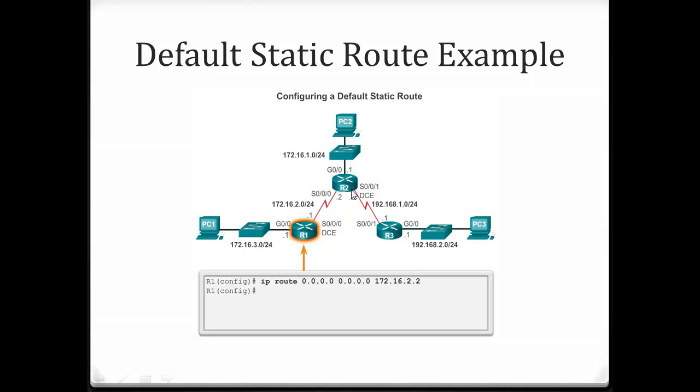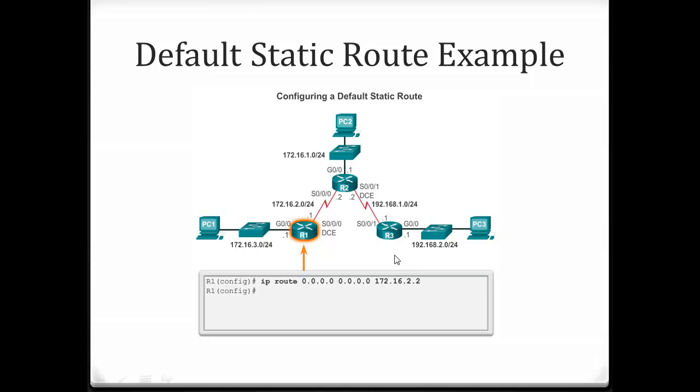R2 would now get that packet, and R2 would look for a specific route to the 192.168.2.0. And if it had one, it would then send it to R3. If it did not have one, it would look for a gateway of last resort and see where that told it to send it. If a gateway of last resort or default route was not set, it would then drop the packet.